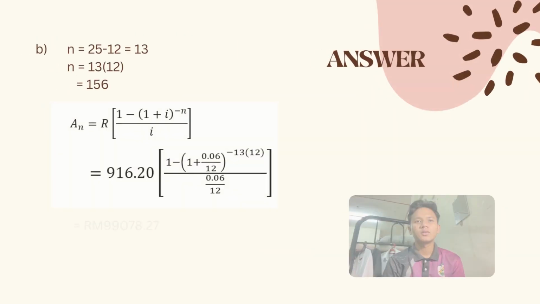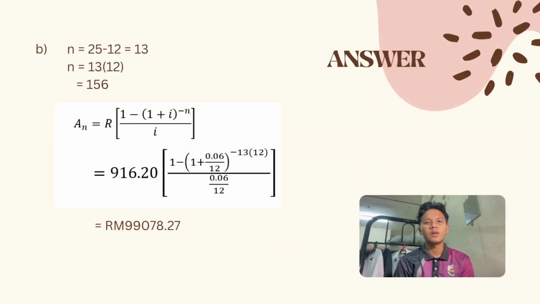So N equals 25 minus 12 equals 13. 13 times 12, we got the answer 156. We use the outstanding balance formula.